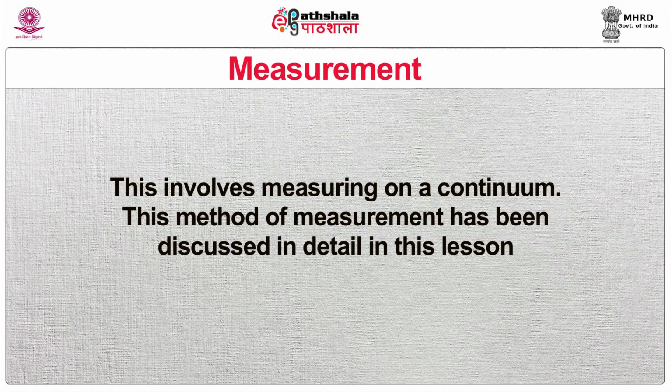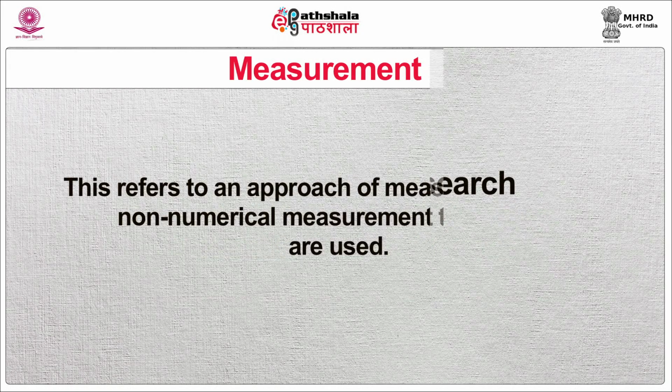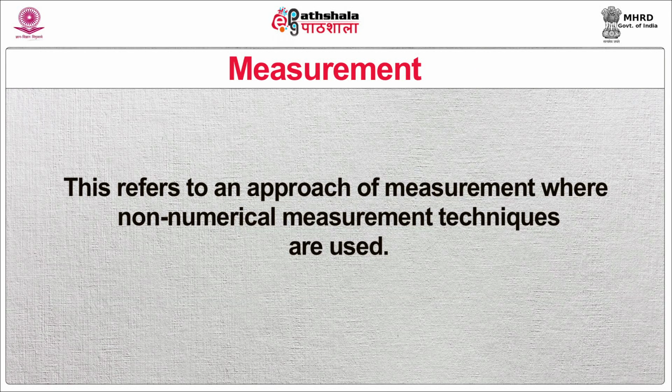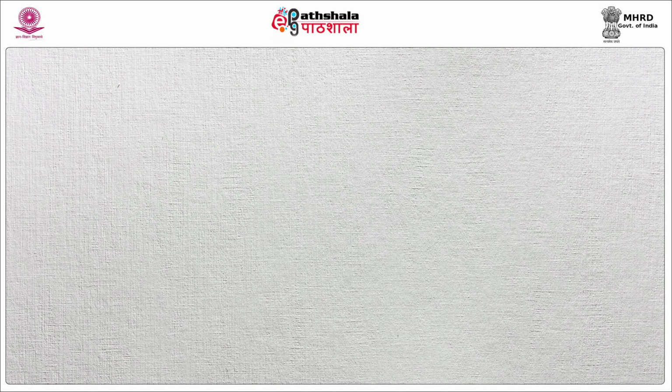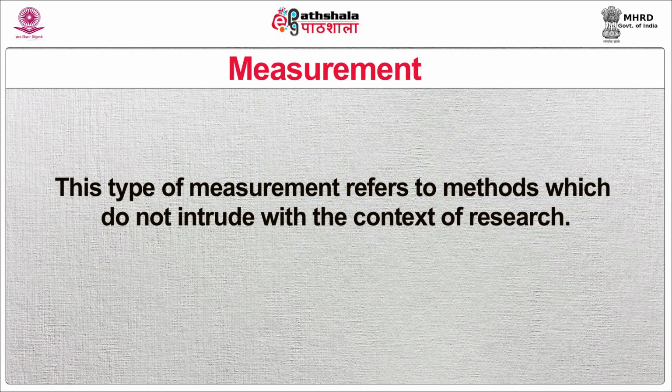This method of measurement has been discussed in detail in this lesson. Third, the qualitative research. This refers to an approach of measurement where non-numerical measurement techniques are used. Fourth, unobtrusive measures. This type of measurement refers to methods which do not intrude with the context of research.